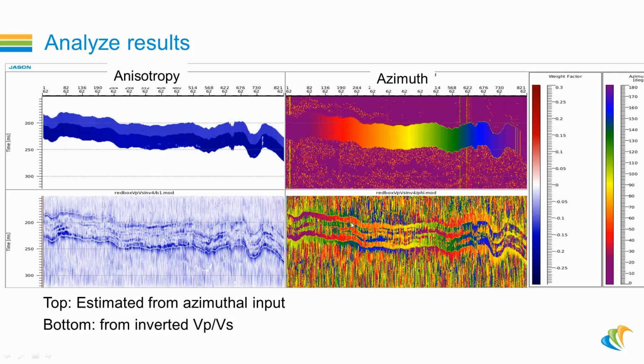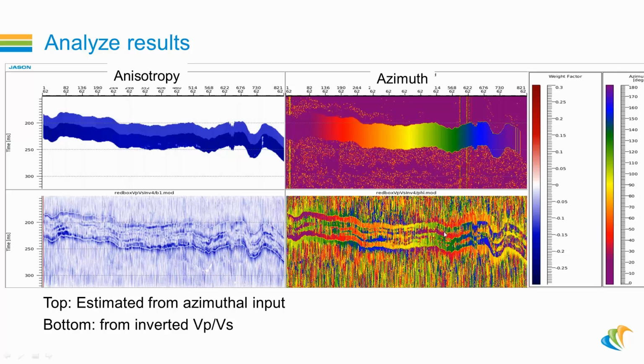And where you interpret the side lobes, you see that the angles on the right and the lower panel are flipped. So where we are in the main lobe, we have a correct azimuth, and where we get the side lobes, our angles are flipped by 90 degrees.